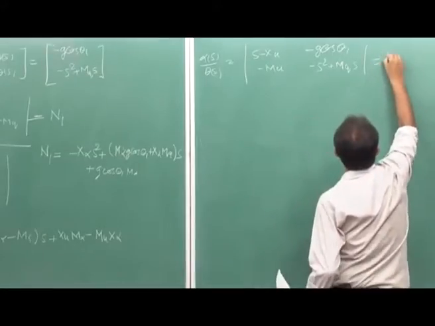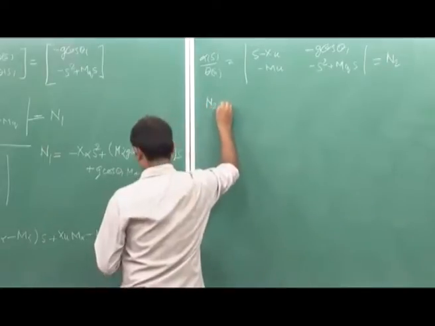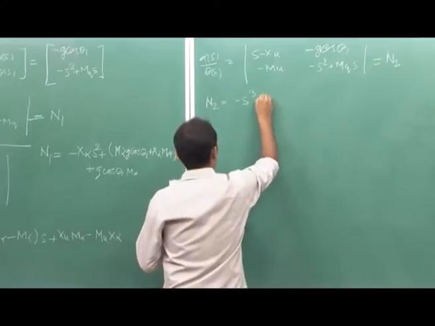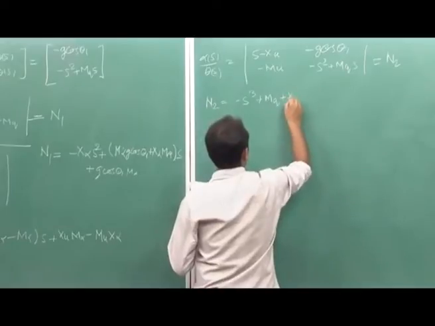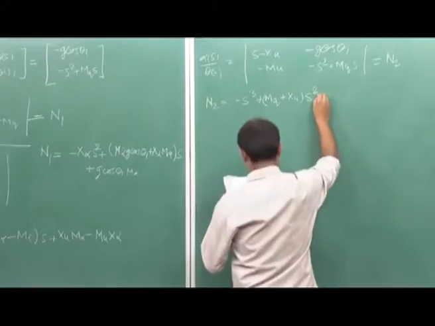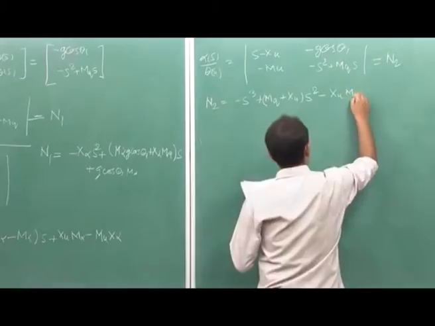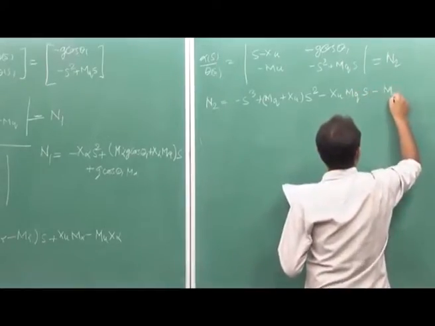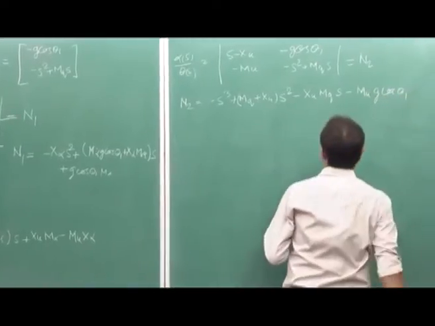Let me call this N2, numerator 2. The value of N2 will be minus s cube plus mq plus xu into s square minus xu mq s minus mu g cos theta 1.